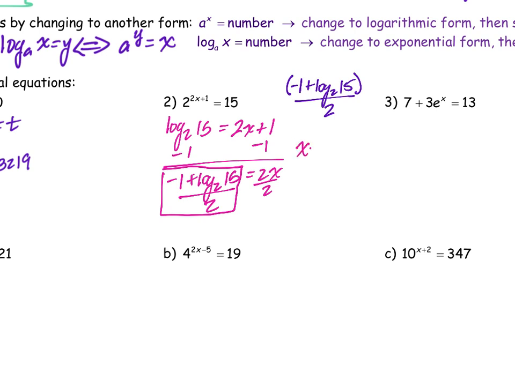So x is going to be approximately equal to, let's see, parenthesis, -1 plus log base 2 of 15, parenthesis divided by 2. Oh, why did you do that weird thing? Okay, so that one didn't work. Let me try it again.